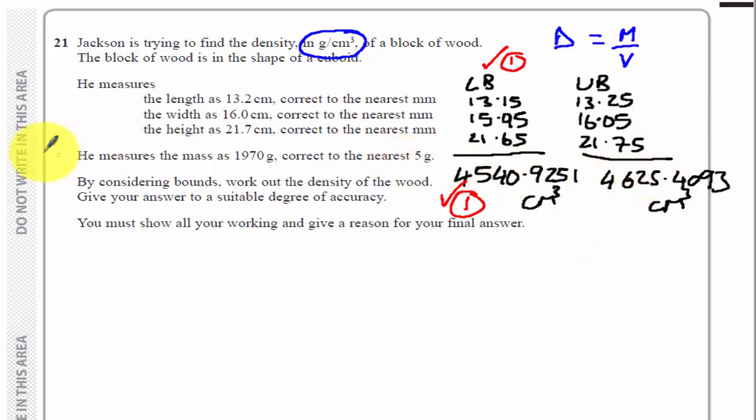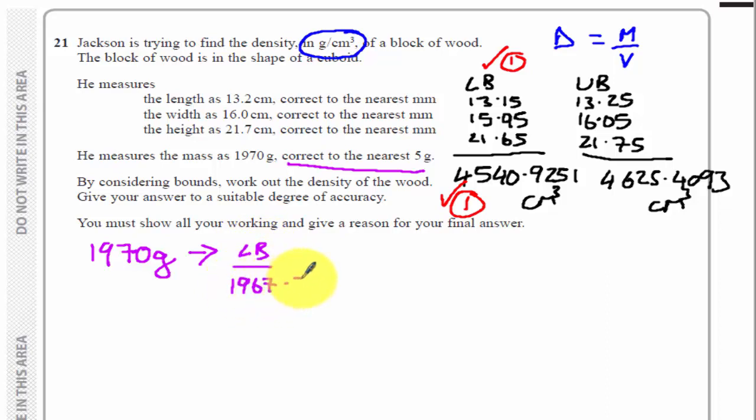Now I've got to look at the mass. So the mass is 1,970 grams. This has been measured correct to the nearest 5 grams. So its lower bound is 1,967.5 grams. Anything smaller than this would get rounded to 1,965 grams.